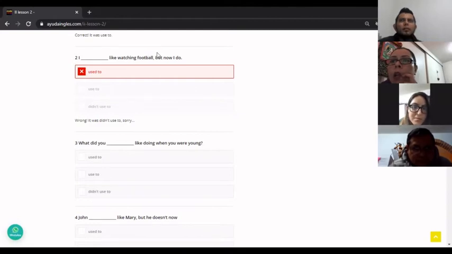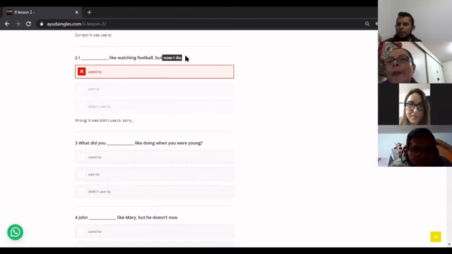It says, in this part, but now I do. So it means that now that person does it. No, because it's negative. So, I didn't use to like watching football, so it needs to be negative, but now I do. So now in the present, the person does the activity. So it's going to be a negative one.